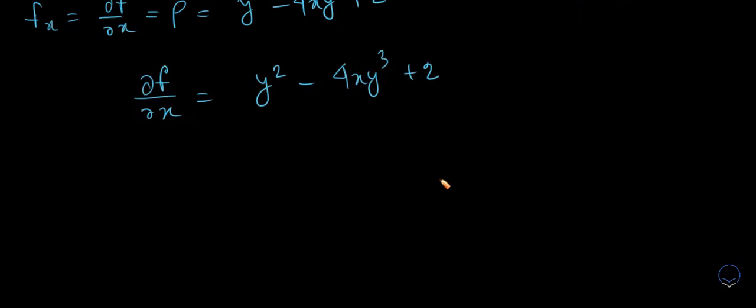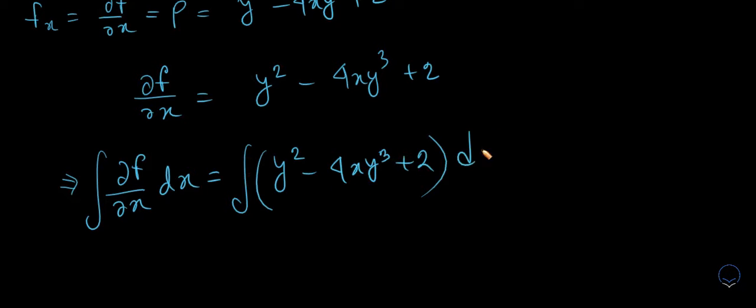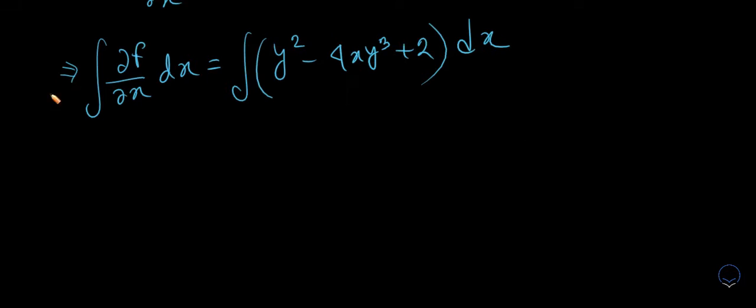So now you write df/dx is equal to y squared minus 4xy cubed plus 2. Now you want to integrate both sides. So if you integrate the left hand side, that is like this: df/dx, and you have y squared minus 4xy cubed, sorry, plus 2, dx. Then you will have f(x,y). This will be xy squared.